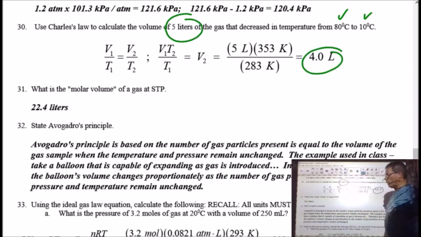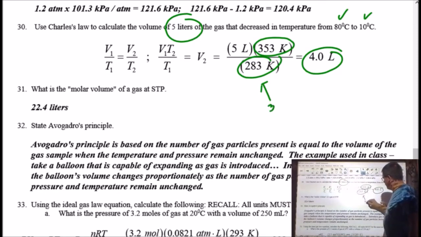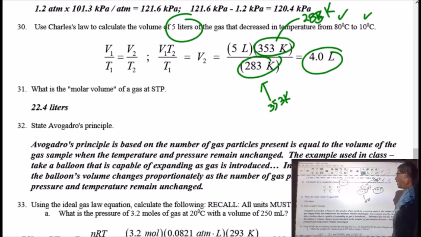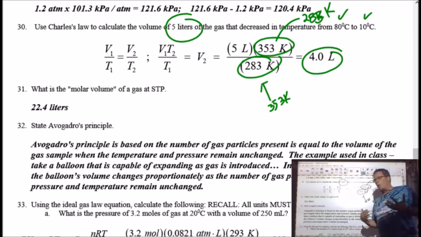But as I carefully look at the calculation here, I have these two numbers mixed up. So we really should have 353 on the bottom. I apologize for that. And 283 Kelvin on top. But again, when I was writing it out on paper, I must have calculated the 4 liters correctly, but wrote that incorrectly. So, lesson learned here.